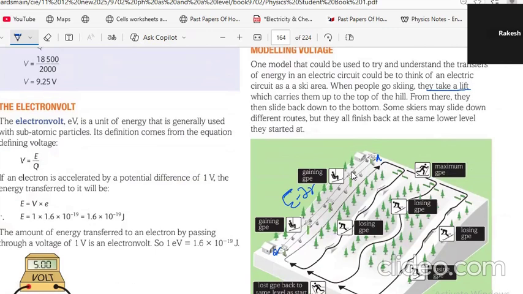So supposing this was the energy being provided, some is used by the lift itself, then they go to a higher voltage and then they drop through each resistor and lose their energy and come back to zero. It's like 11 volts, 0 volts here, then it becomes 11 volts and then they fall through the resistor. This is the potential difference. This is the available energy. This is the energy required by the lift itself. So you can relate it to that.